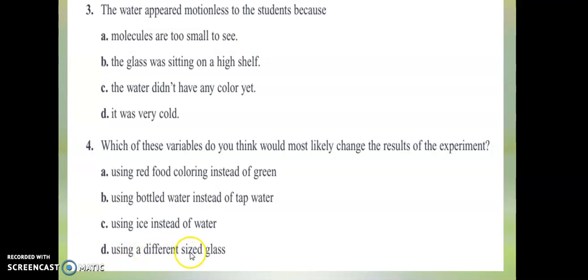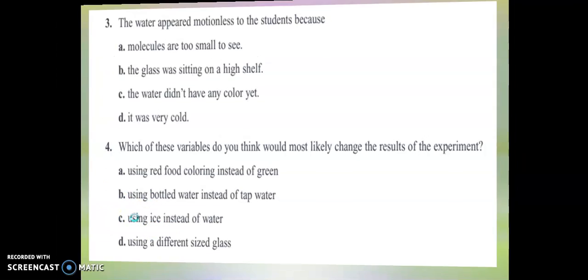Use a different size glass. I don't think so. So, which of these variables will most likely change the results? I think using ice is the answer.